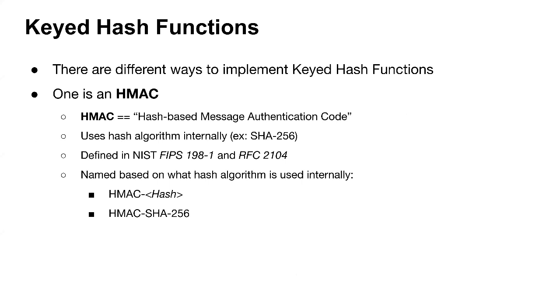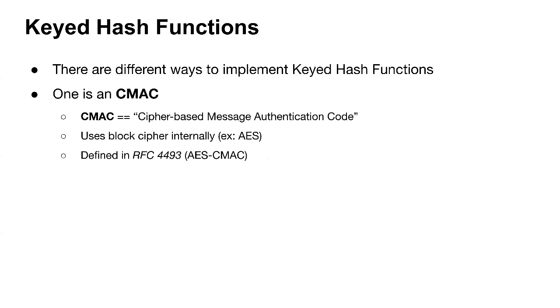The name of the algorithm is essentially what hash algorithm it's using, so HMAC SHA-256 is obviously using SHA-256 internally. Another keyed hash function implementation is CMAC, which is a cipher-based message authentication code. This uses a block cipher internally and is defined in RFC 4493. An example of this is AES-CMAC.